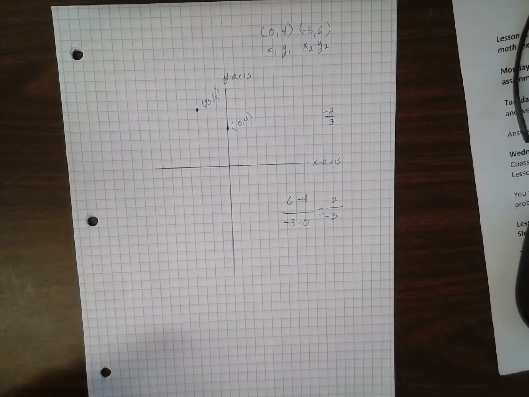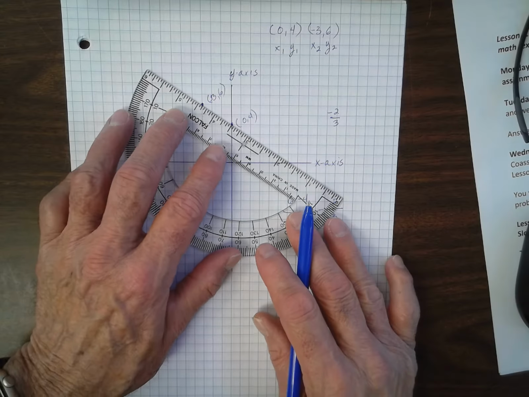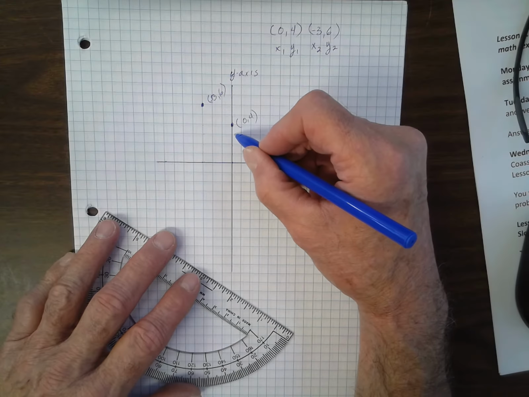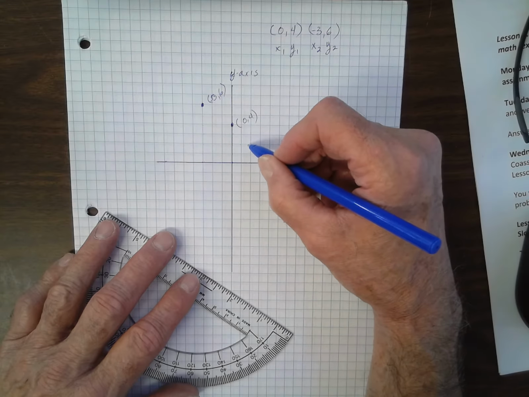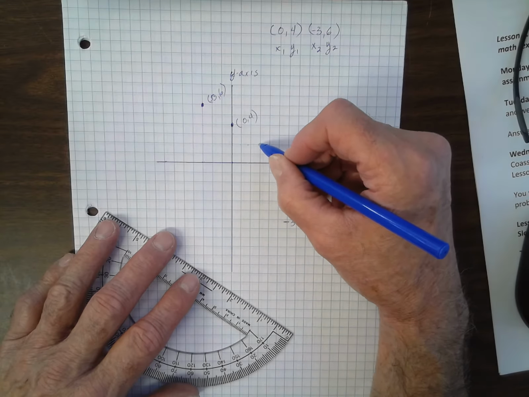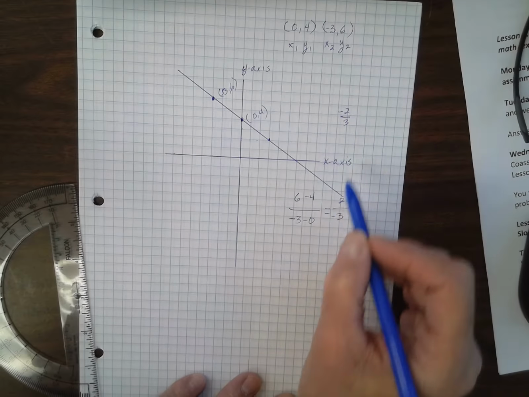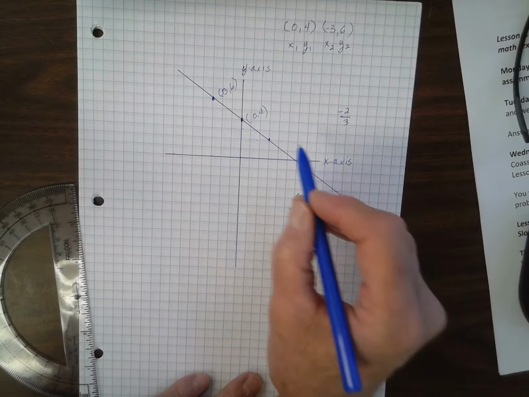And I showed you last week that a negative slope starts in the upper left-hand corner up here and goes down this way. So negative 2, 1, 2, 1, 2, 3. So this linear equation is seen graphically by this graph, the slope. The slope m equals negative 2 over 3.